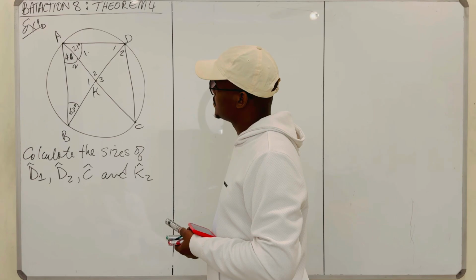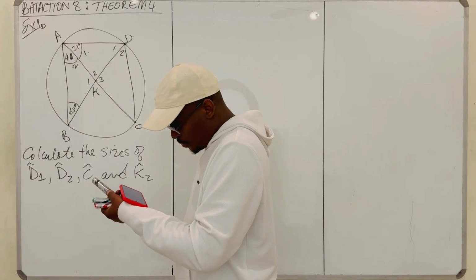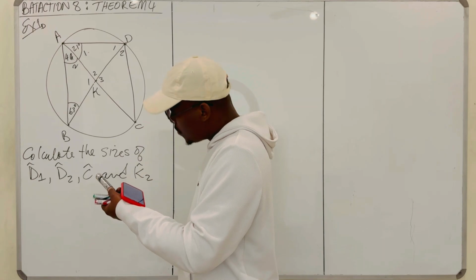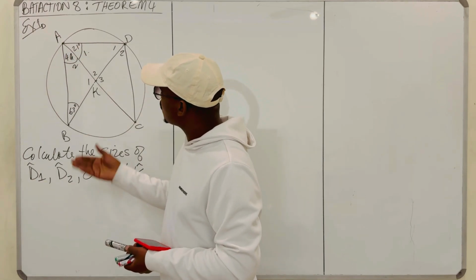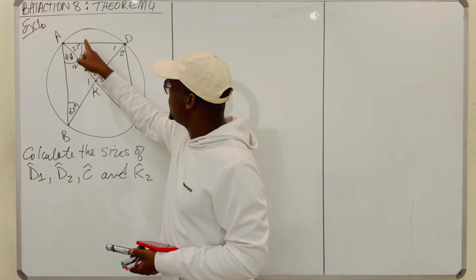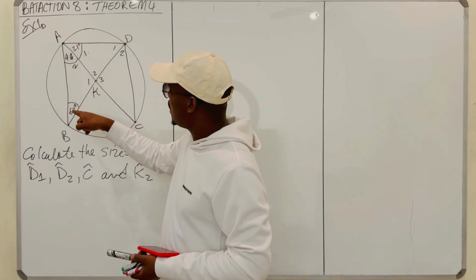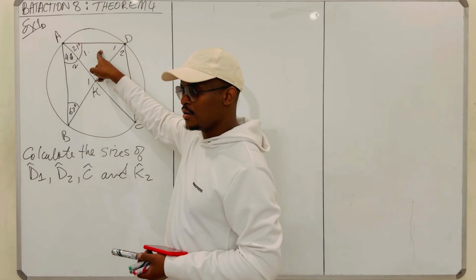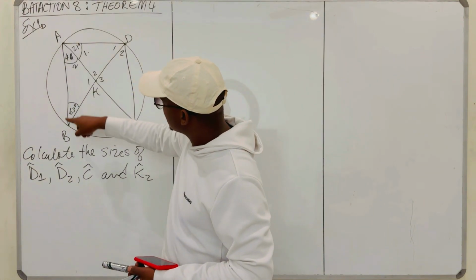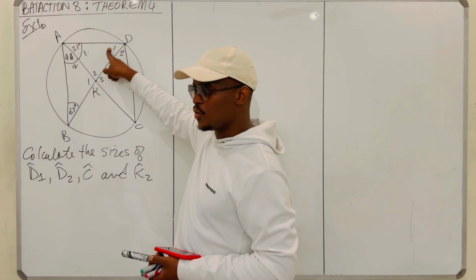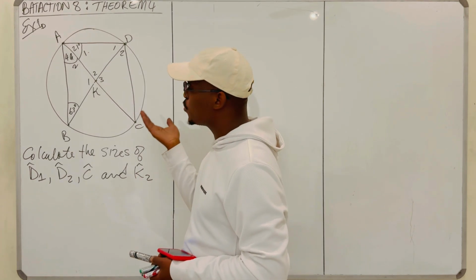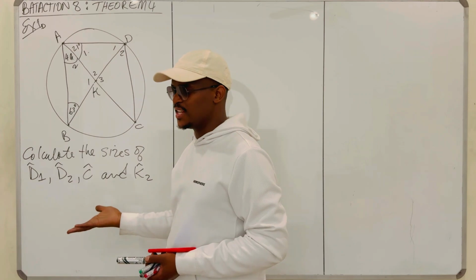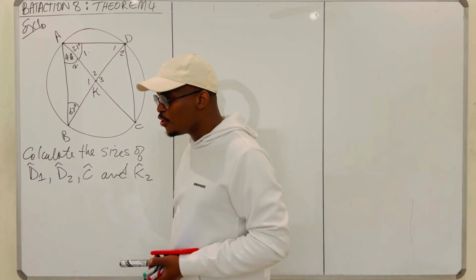Yes, the chord AB only subtends this angle here, D1. So is there anything else? No. So we don't have many options around what is subtending, but we can do it your way.